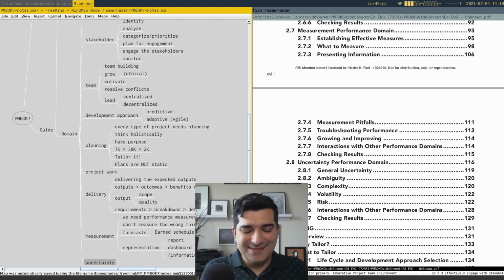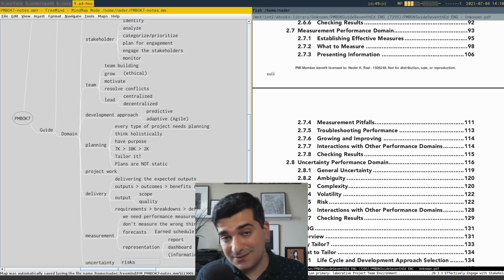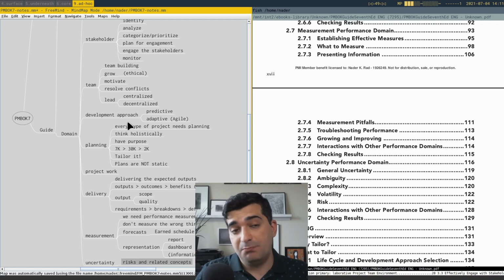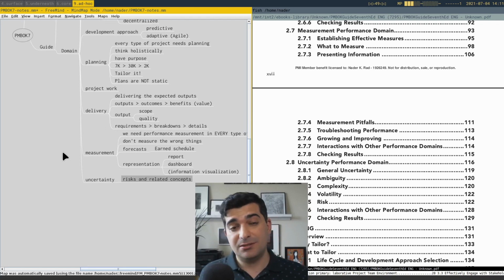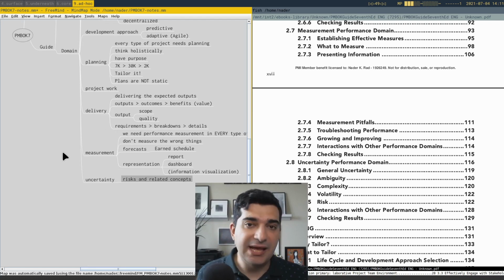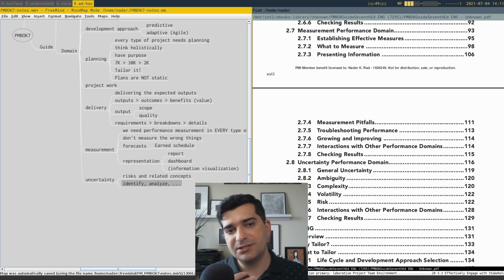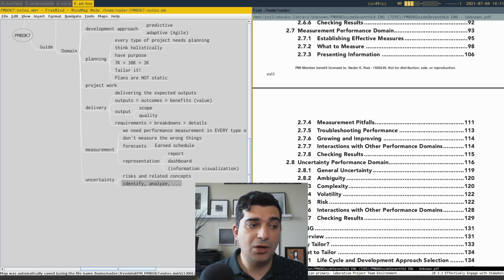This domain is about risks, obviously, and related concepts. Some people may call it similar concepts, but I would call it related concepts. But anyway, it's about the things that you know, identify them, analyze them, and go on until you have responses, and then go on with managing those.